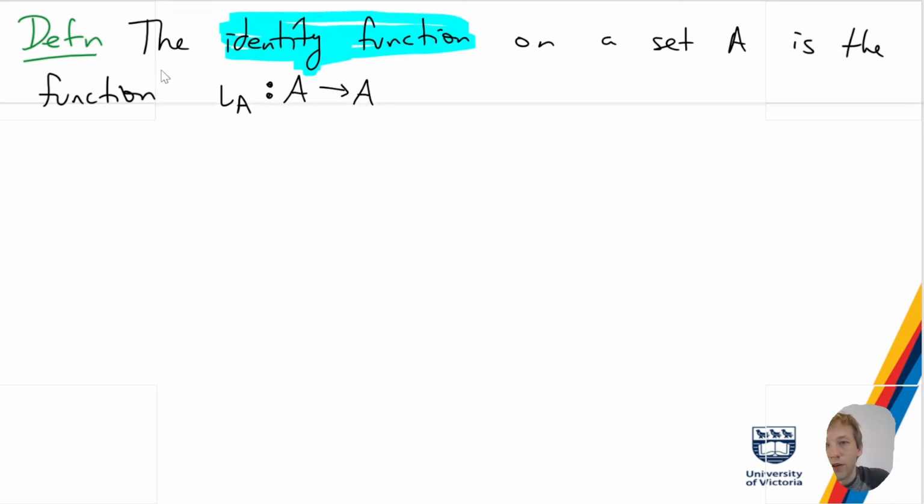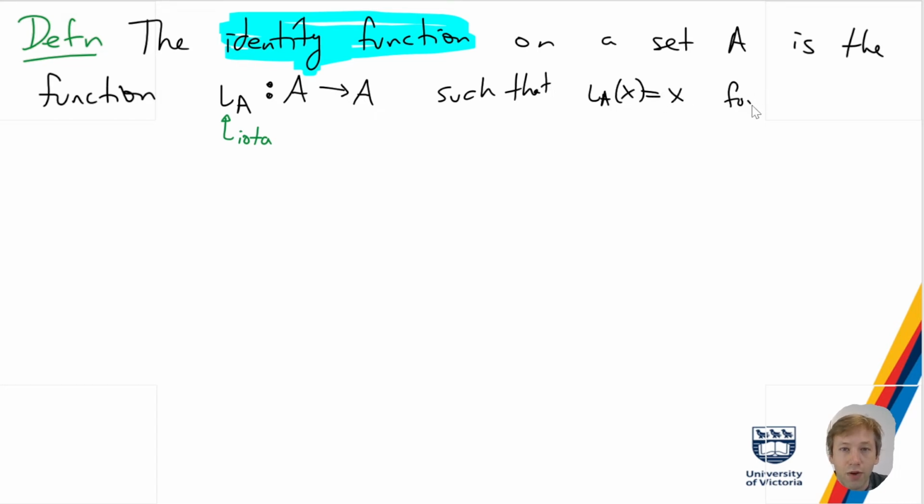It's not really important that it's iota, but if you're writing this in LaTeX, it's \iota. Anyway, that's just the notation used in the course notes. So basically iota sub A, or in other words, the identity function on A, is the function such that if I apply it to x, it's just equal to x for all x in A. So it's just a function which maps every element to itself.